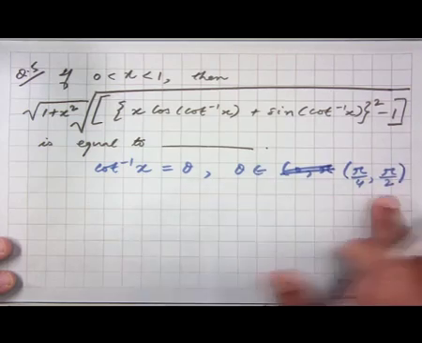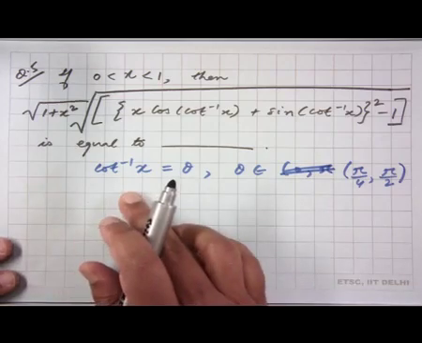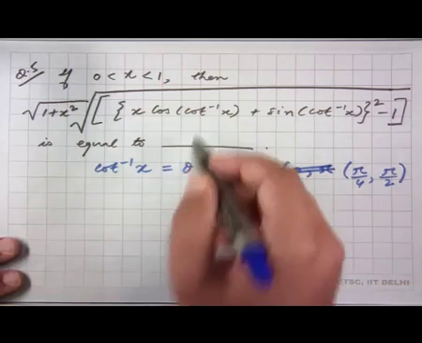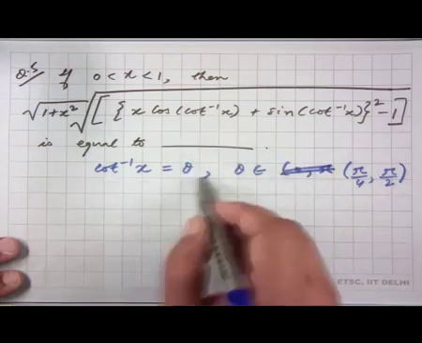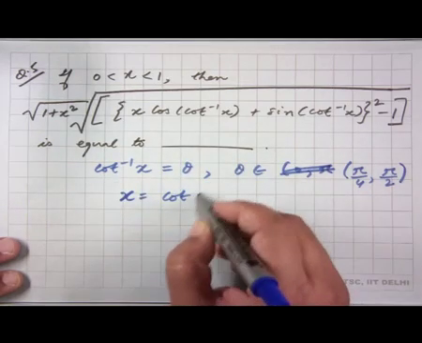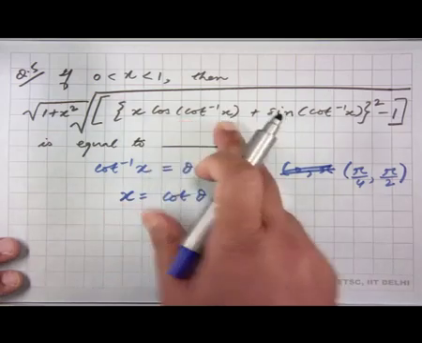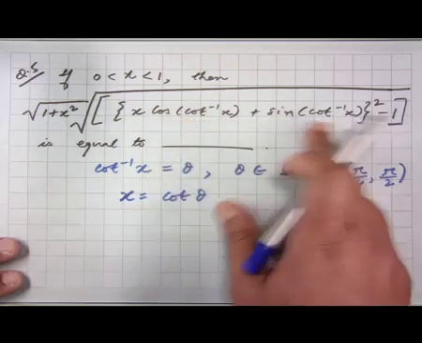This follows from the graph of the cot inverse function. And from here it also follows that x is equal to cot theta, and then we replace this cot inverse x by theta everywhere in this equation here.